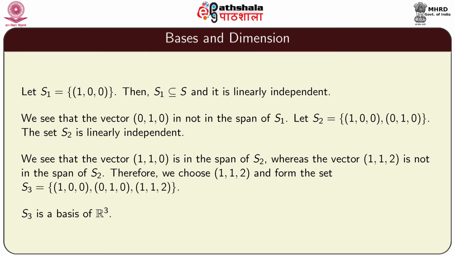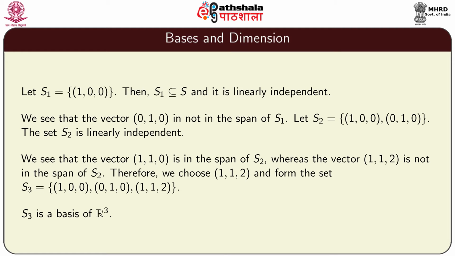It is clear that the vector (0,1,0) is not in the span of S1 for the simple reason that this 1 is sitting at the second position of the vector, and the second position of (1,0,0) is 0, therefore, it cannot possibly generate the vector (0,1,0) through linear combination.